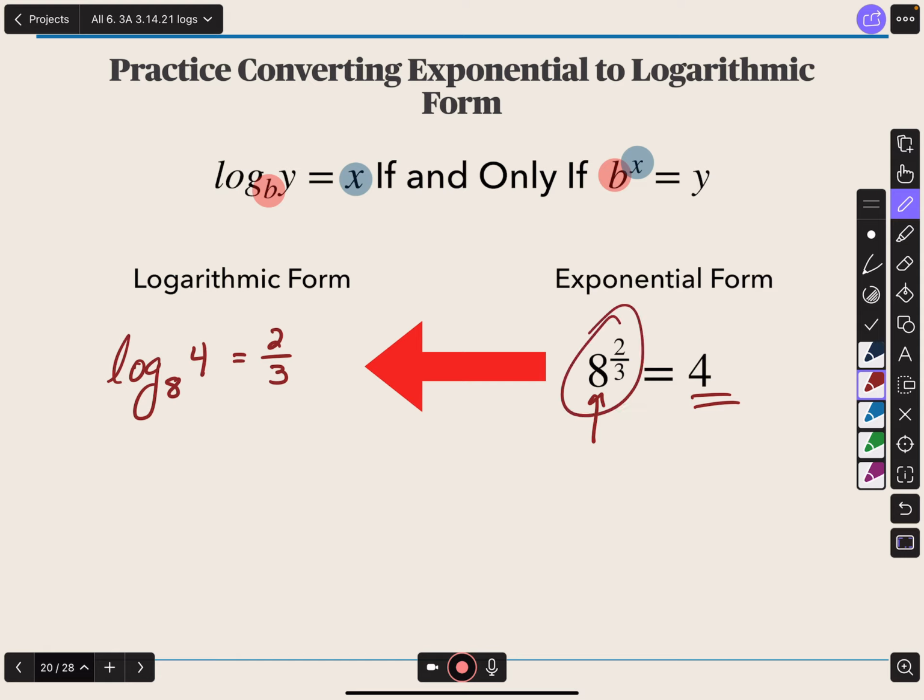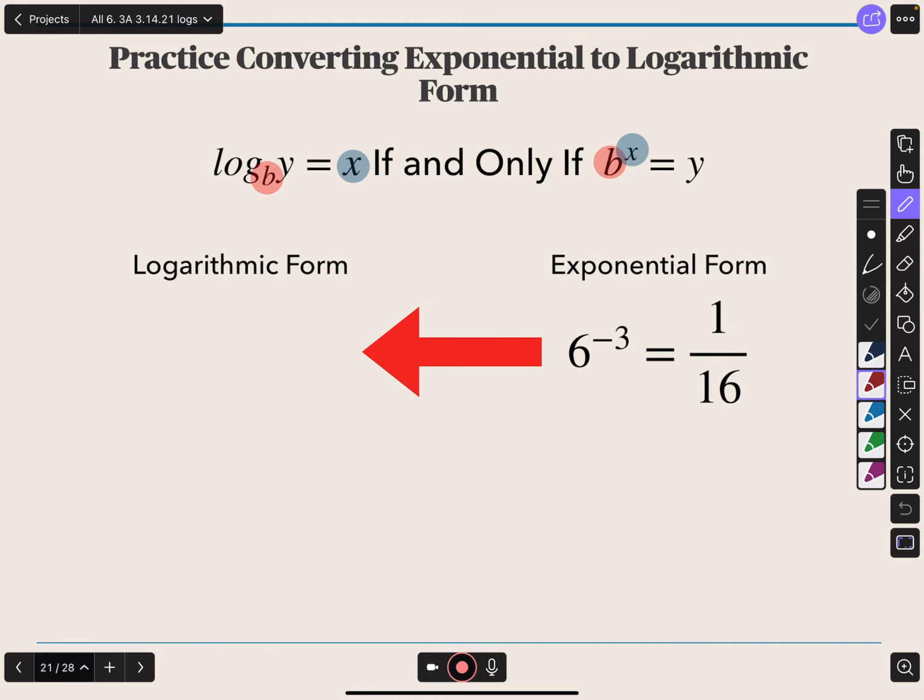Now we could check that really quick and see that that is true, everybody. 8 to the 2/3, the 3 means to cube root the 8, and then the 2 means to square it. Well, the cube root of 8 is 2. 2 squared is 4. So you can see it's true. And that's the logarithmic form of that equation.